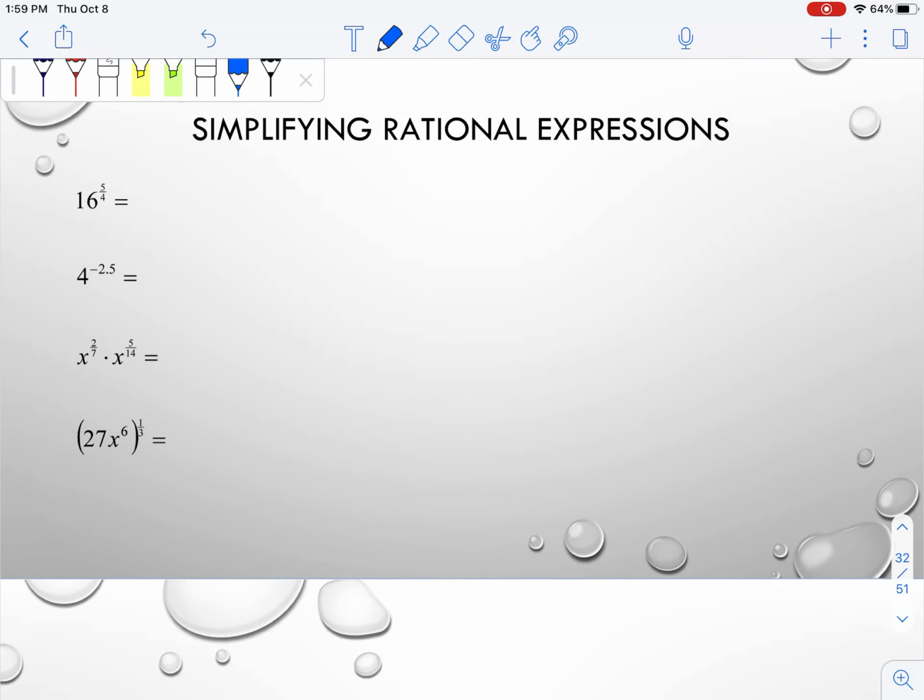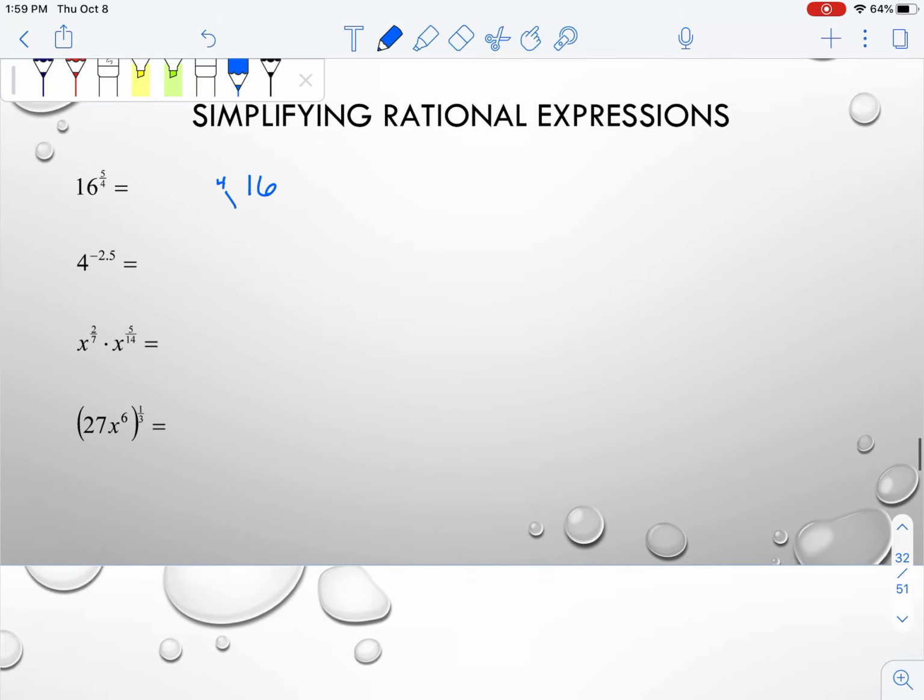Let's see here. 16 to the 5/4. So 16 becomes my radicand. I'm doing the 4th root of that. And then, which way does it make sense to put the 5? Do you want the 5 out here, or do you want the 5 in here? It doesn't matter which one's which.